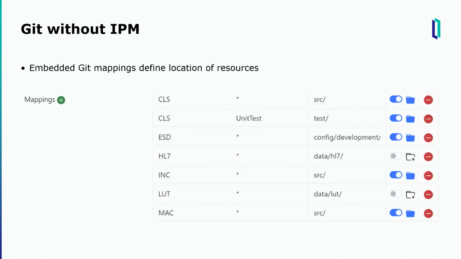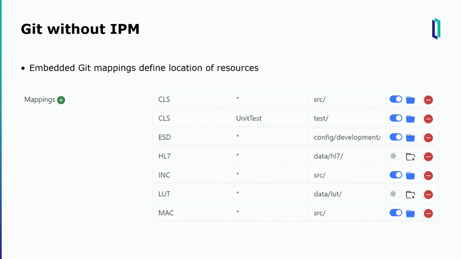Okay, so you're not using IPM. In that case, we don't have this module.xml telling us where in the repository all of your items live. So instead, Embedded Git has a settings page. The settings include a set of mappings which define the location of the resources in your Git repository. It comes with a set of defaults, which are kind of basic.